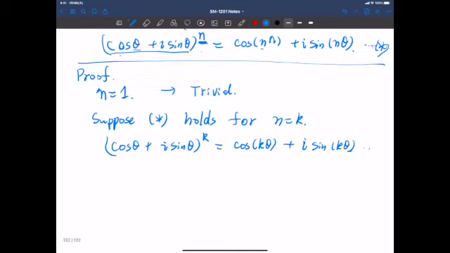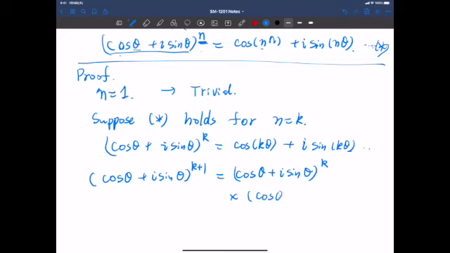Okay, then cosine theta plus I sine theta to the power of k plus 1. So what is this? That is cosine theta plus I sine theta to the power of k times cosine theta plus I sine theta.